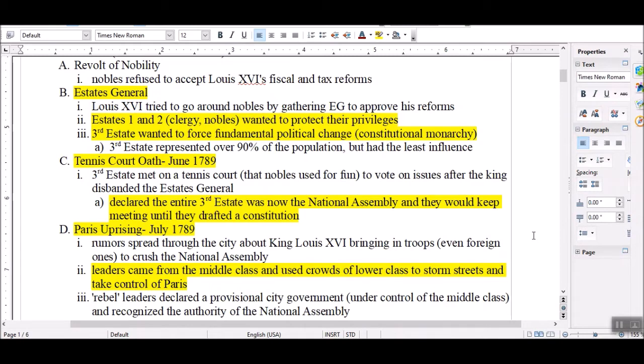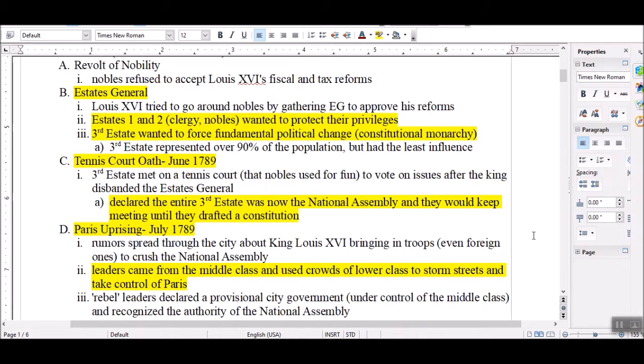So Louis is going to think, okay, well, maybe I can use the Estates General, go around the nobility, because the nobility is only one of the three estates, and while they're powerful, they're not everything. So he thinks, okay, let's get the Estates General together. They'll approve my reforms because it makes sense. We lower spending, we raise taxes, everybody's better off.